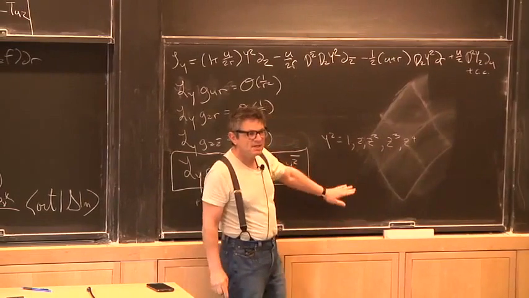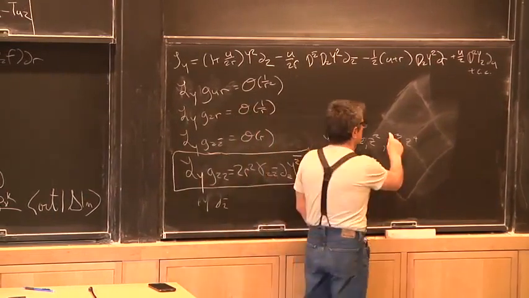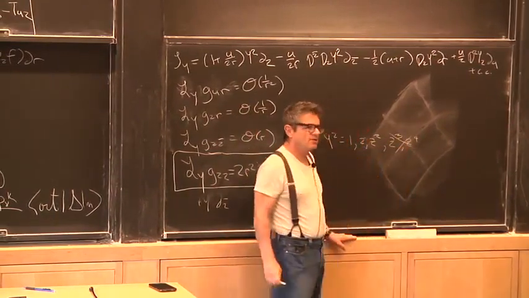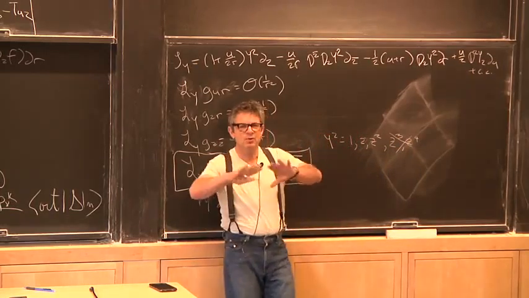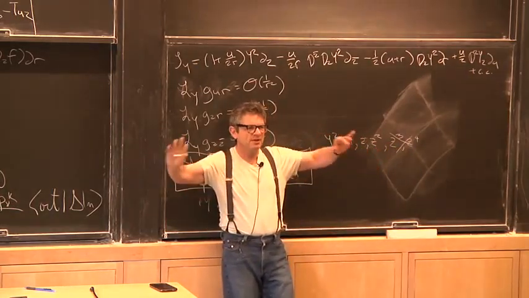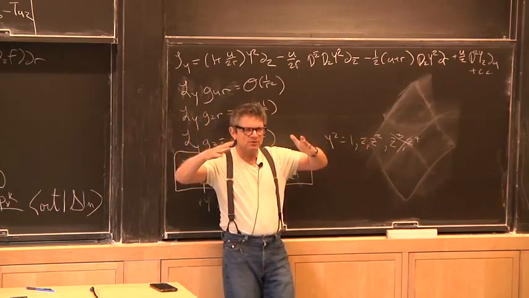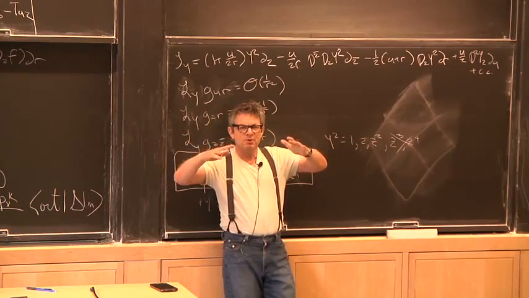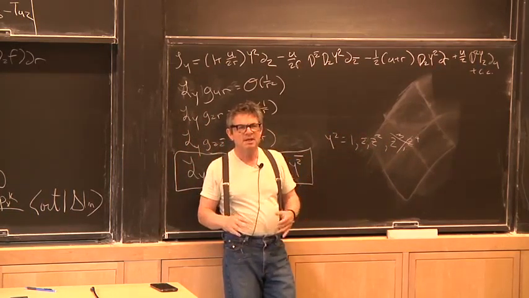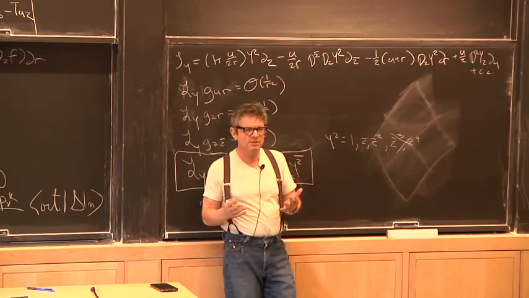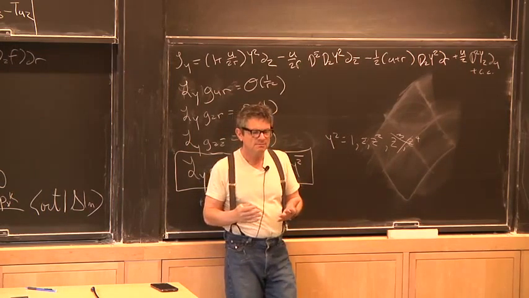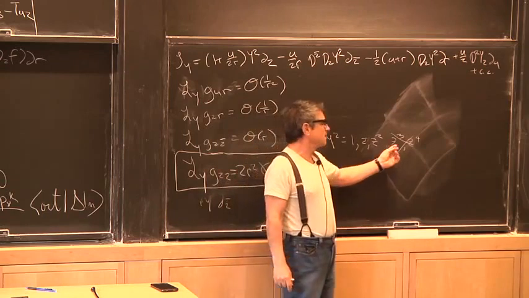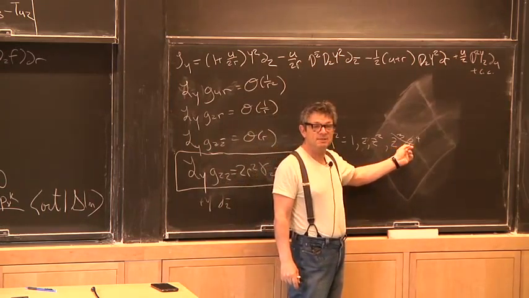The reason they didn't consider those is that the z coordinates don't cover the whole sphere. If z equals 0 is the north pole, they don't cover the south pole. If you do the coordinate transformation to the other pole, you'll find that z cubed becomes singular.